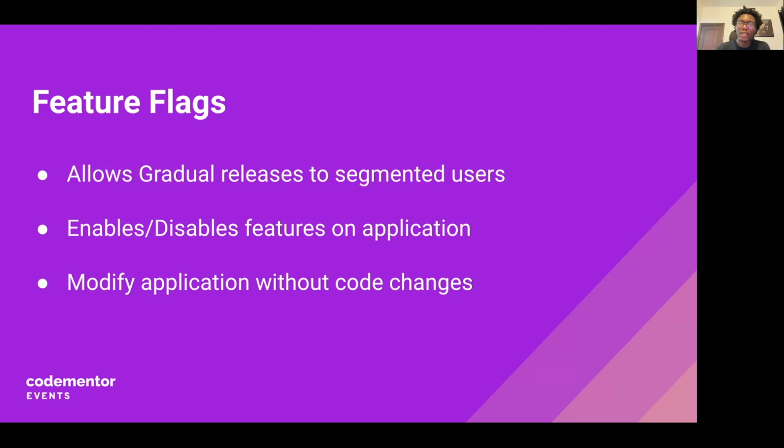If you have feature flags implemented and integrated into your application, you just have to disable the particular feature that is causing the bug. That's a layman's understanding of feature flags.